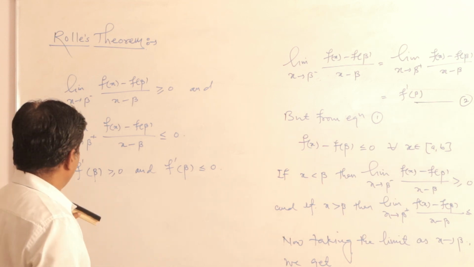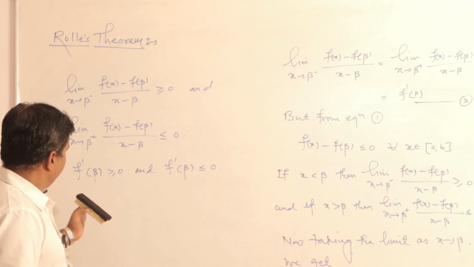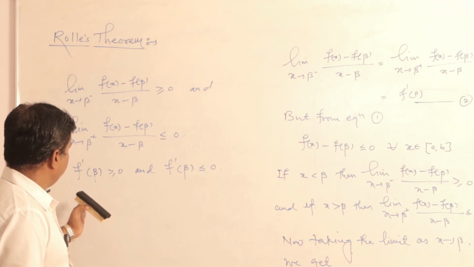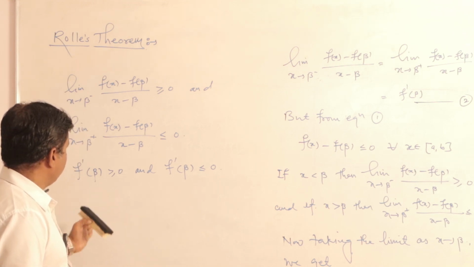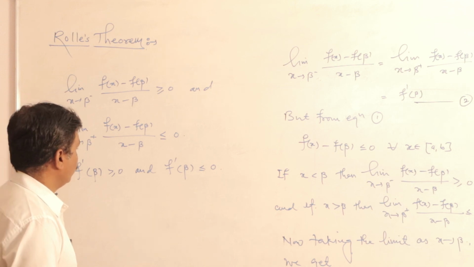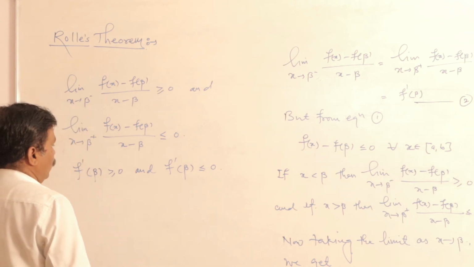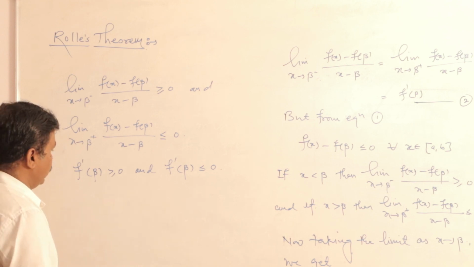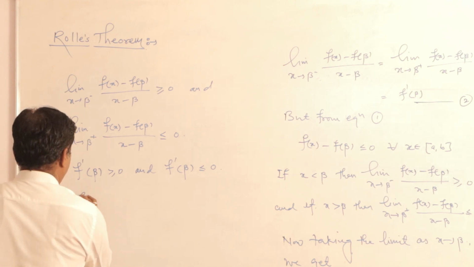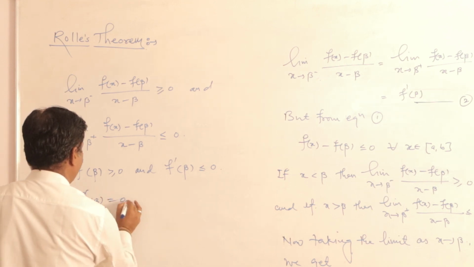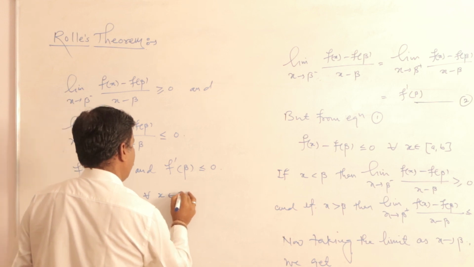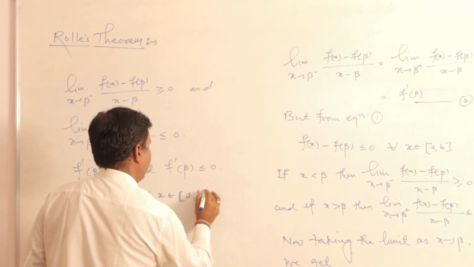But out of these two conditions, we cannot say that the value is less than or equal to 0 or greater than or equal to 0 at the same time. So the only condition is that f dash of beta is equal to 0.